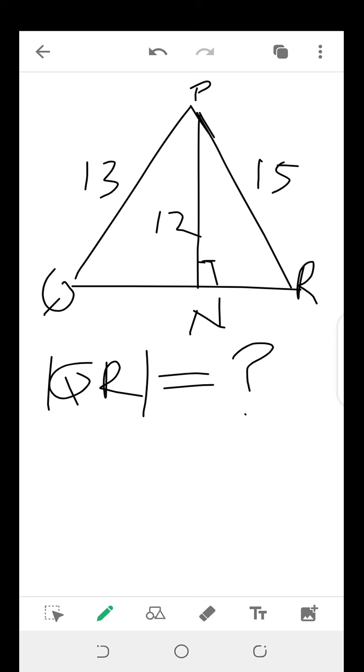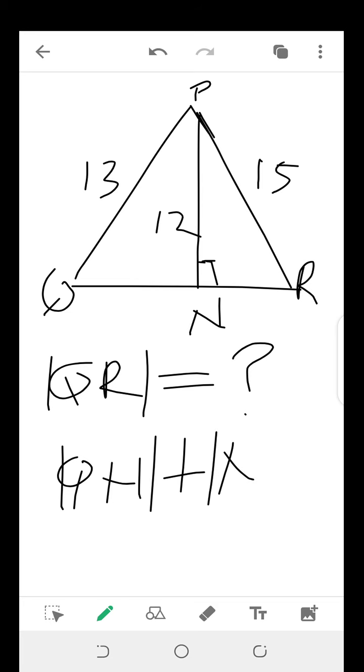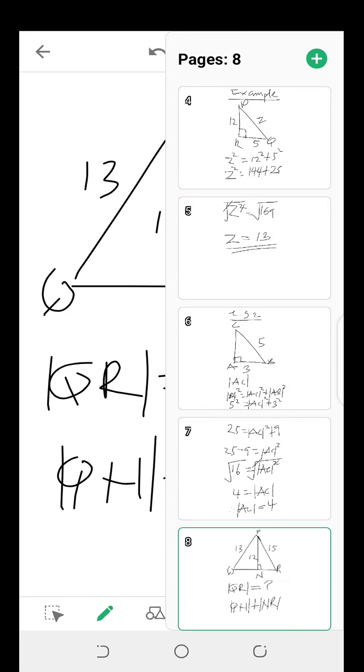So to find QR, we have to find QN and then add it to the magnitude of NR, because we can solve for NR simply and solve for QN very simply. So let's see how we can solve for QN and NR.